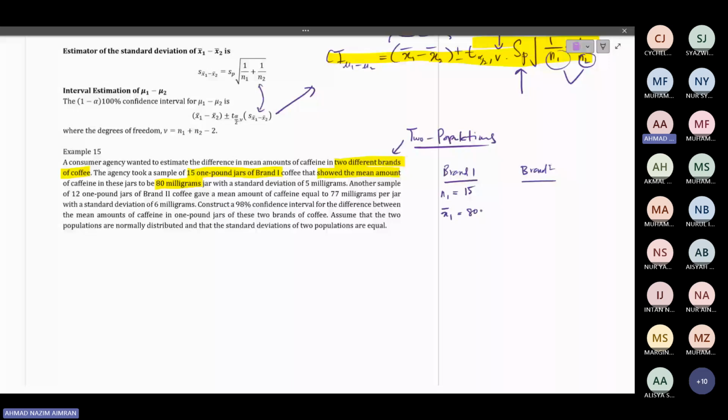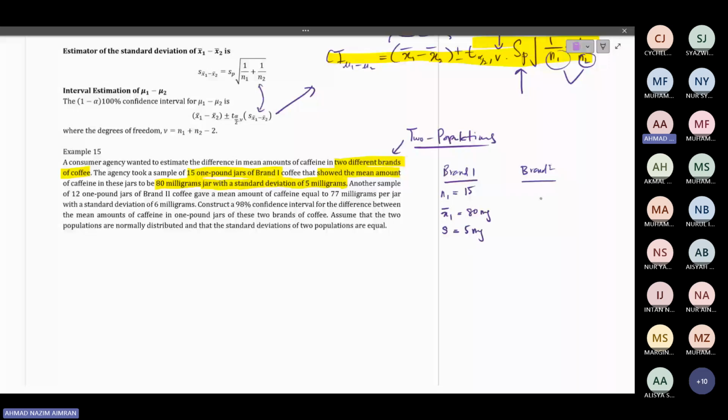Disambung ayat tu kan? It means that the standard deviation here is the standard deviation of the sample. It is not the standard deviation of the population. So, the standard deviation of the sample is given by S, 5 milligram.